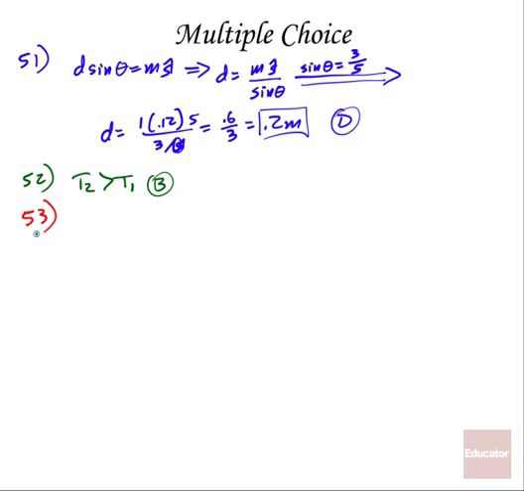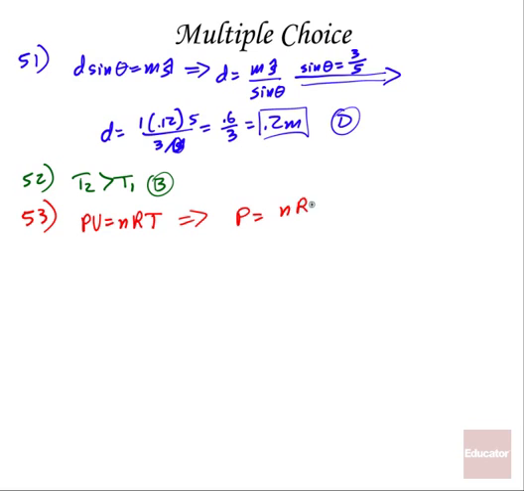53, another ideal gas problem. The absolute temperature of a sample of an ideal gas is doubled, but the volume is held constant. So we know that PV equals nRT. And we want to know what effect that's going to have on the pressure and density. So I'm going to get pressure on a side by itself.